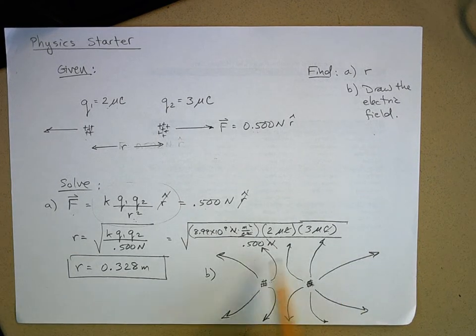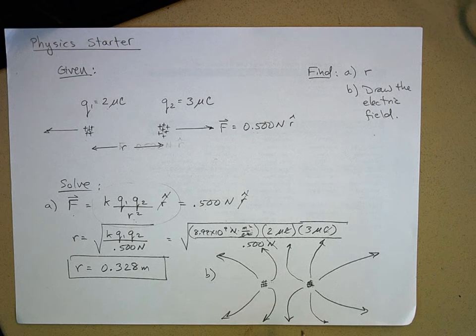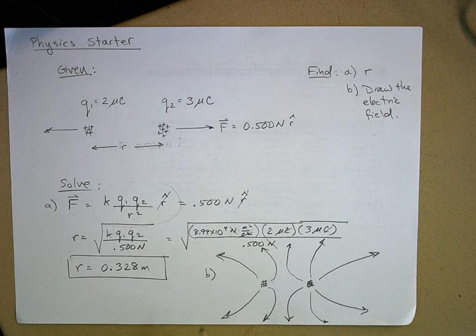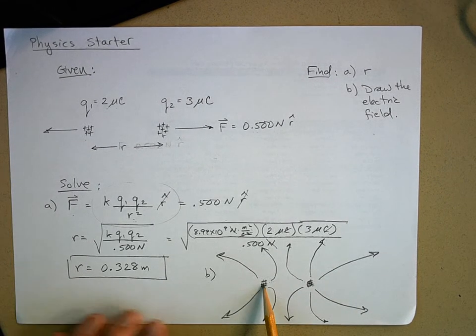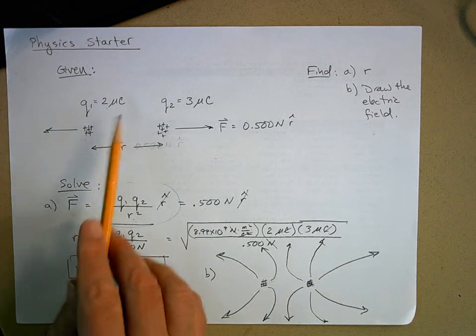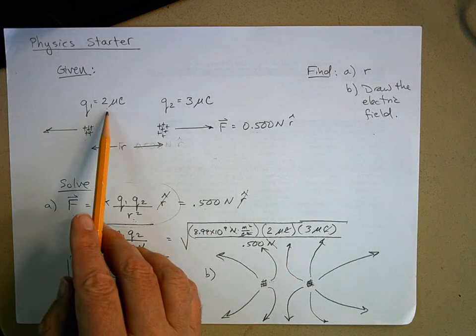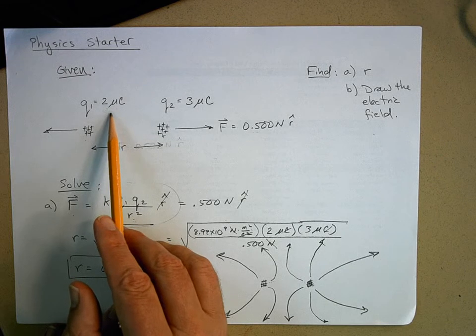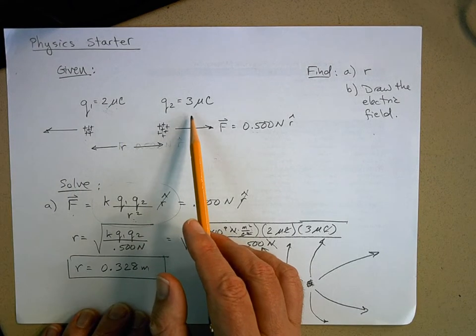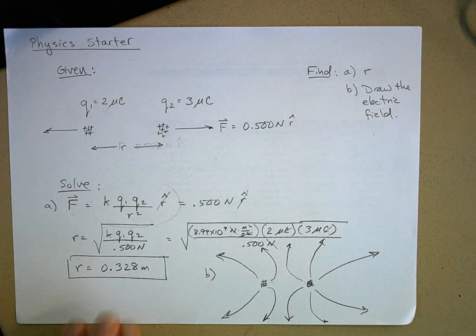I didn't cross any field lines. But most important, the number of field lines I drew is proportional to the amount of charge. I arbitrarily chose 4. So if I draw 4 field lines to represent 2 microcoulombs, I have to draw 6 field lines to represent 3 microcoulombs.